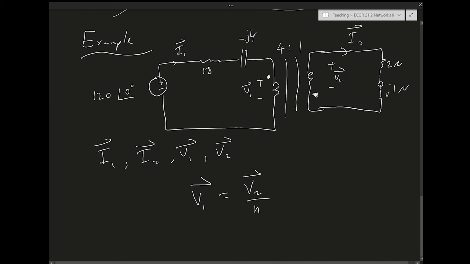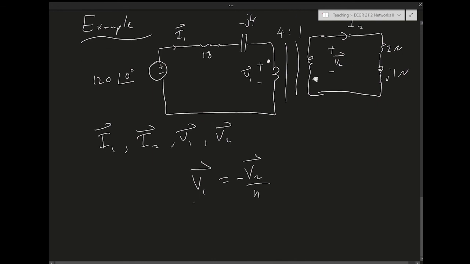This relationship holds if the voltage in the secondary follows the dot. But the voltage is inverted, therefore we have a minus sign here. And similarly here, I2 is going into the dot rather than leaving the dot. So we also have a minus sign for the current relationship. So I1 equals minus n I2. Those are the basic transformer relationships.